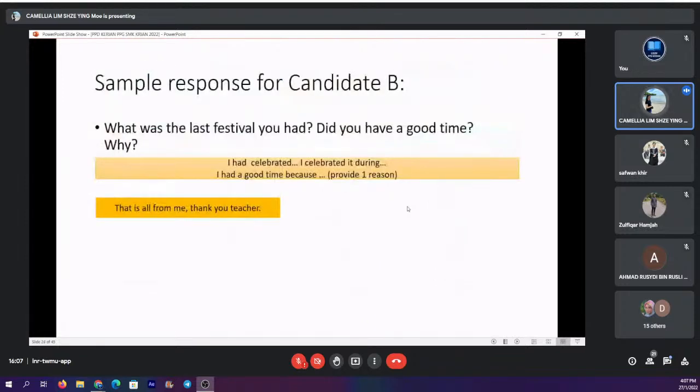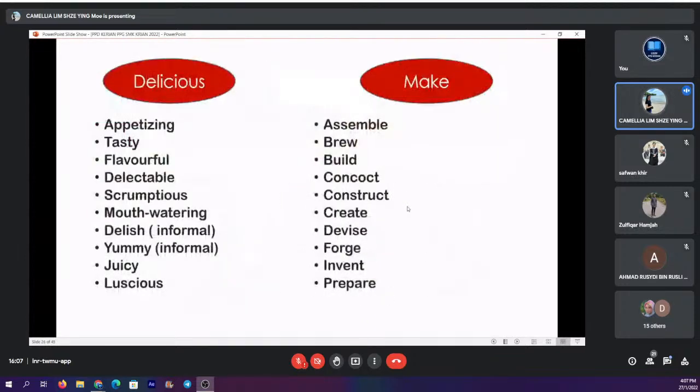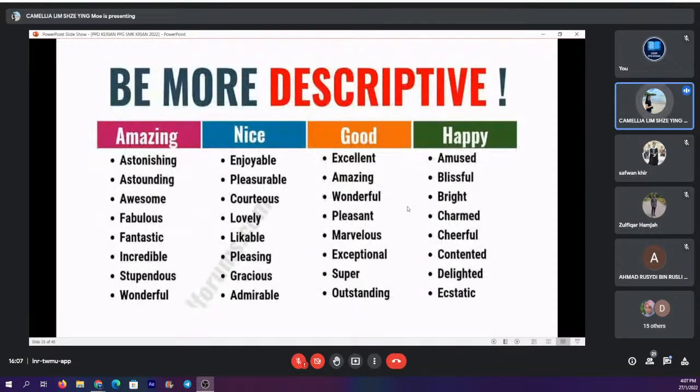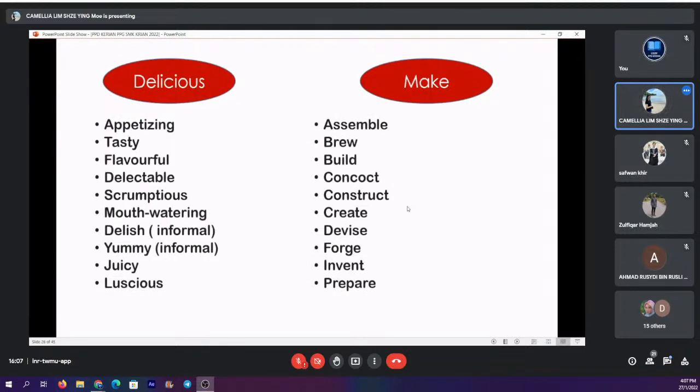These are some words that I find they like to reuse. So instead of using the word nice, for example, you want to say, I had a nice time, maybe the student can say I had a pleasant time. I had a lovely time. So be more descriptive.